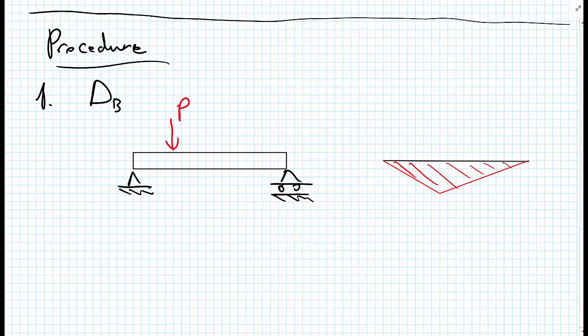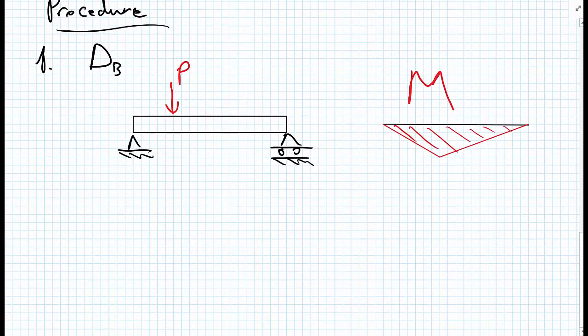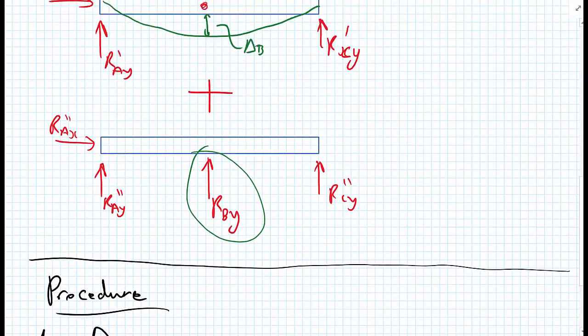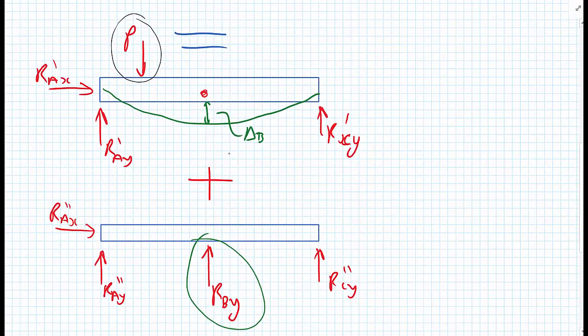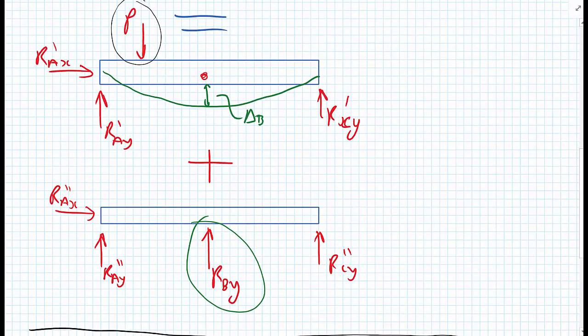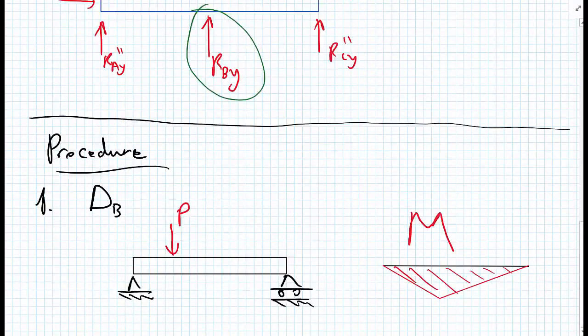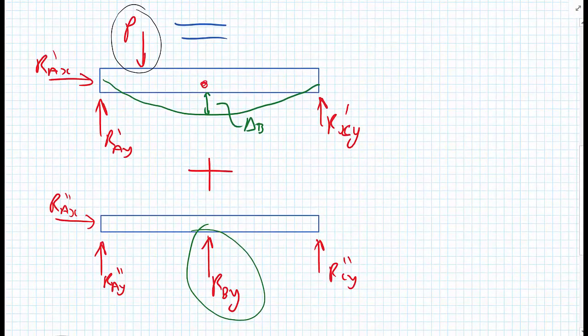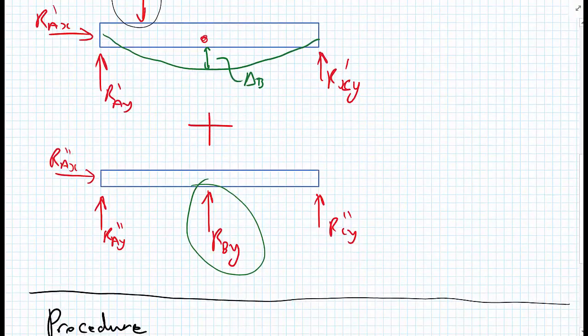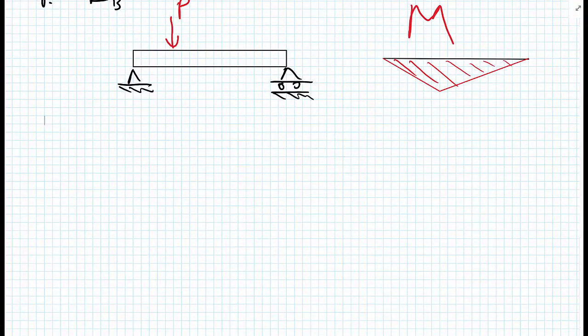And this bending moment we're going to call capital M. What we'd like to know though is what the displacement, the fictitious displacement delta B would be as a result of applying load P but removing the redundant support.